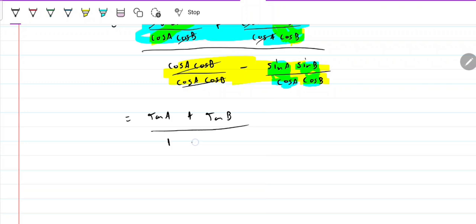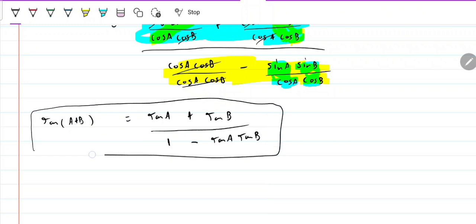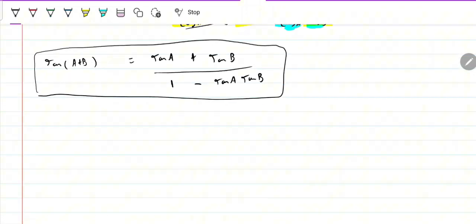Because everything cancels out, minus sine A over cos A is tan A multiplied by sine B over cos B, which is tan B. So you see that the tan of A plus B is equal to that expansion.